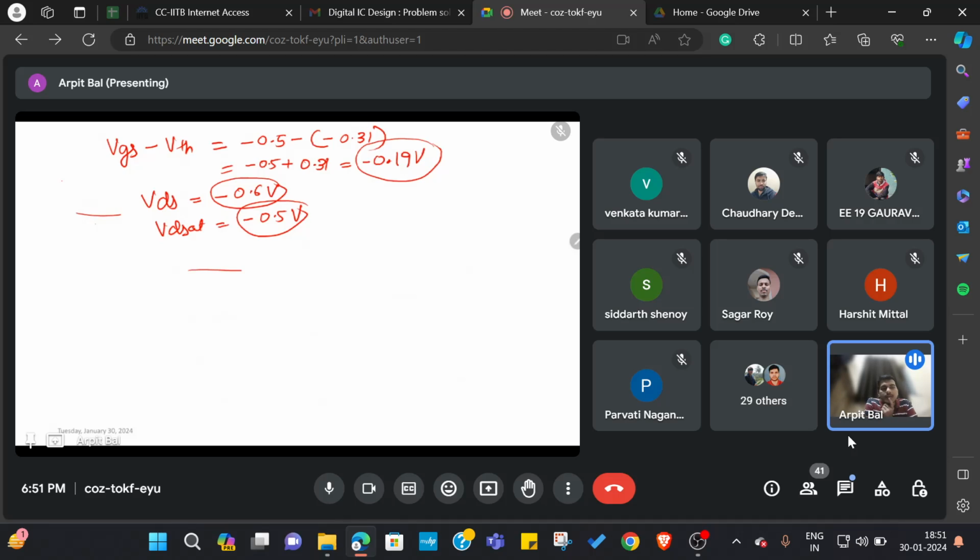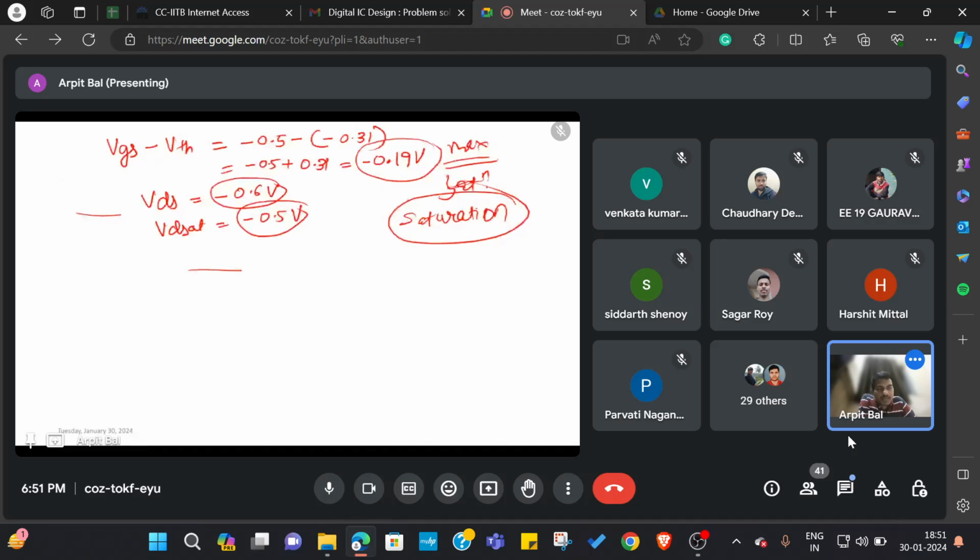So can anyone tell me what is the region of operation? Saturation. Correct. Because VGS minus VTH is the max, this transistor is in saturation. Okay, let me write it properly. I hope identifying the region is also clear in this case.